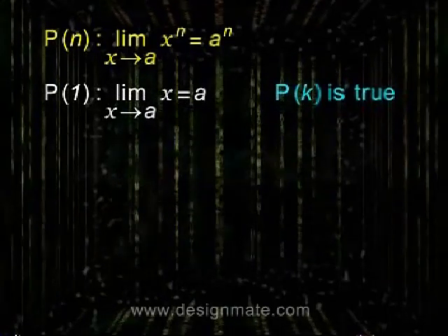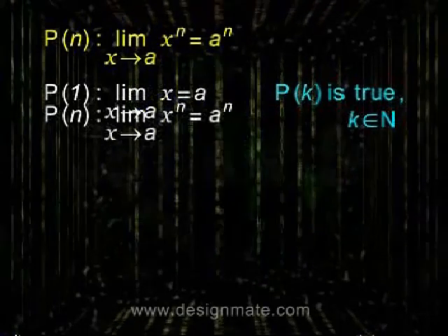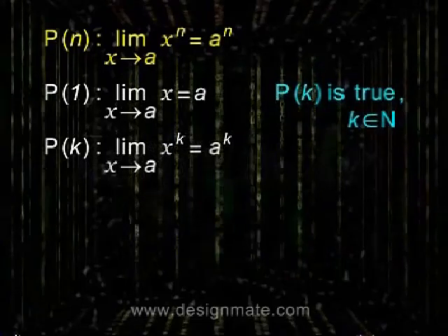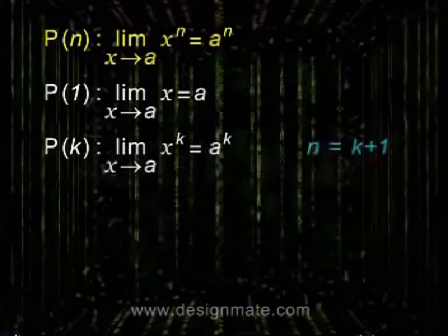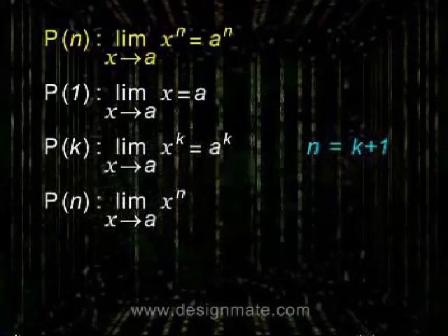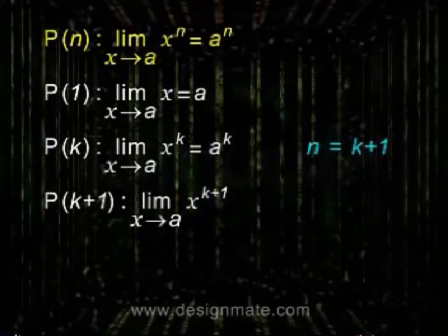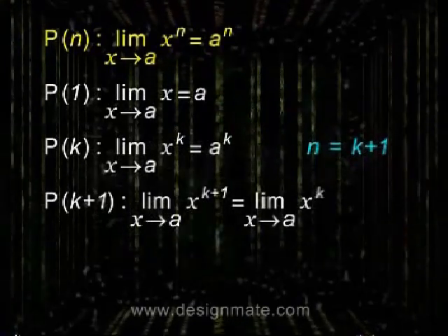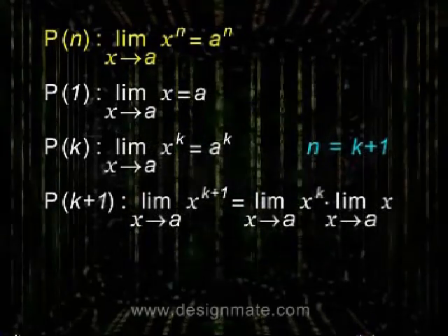Suppose Pk is true for some k belongs to N, that is, limit x tends to a x raised to k is equal to a raised to k. For n is equal to k plus 1, we now have limit x tends to a x raised to k plus 1 is equal to limit x tends to a x raised to k into limit x tends to a x.